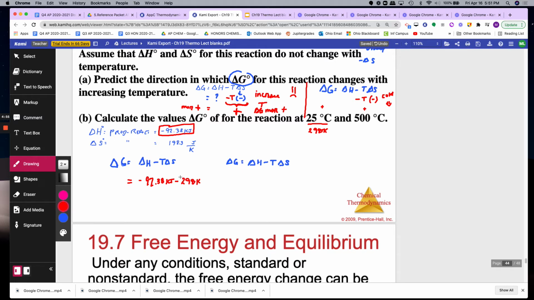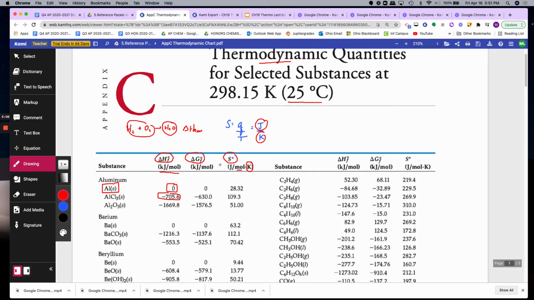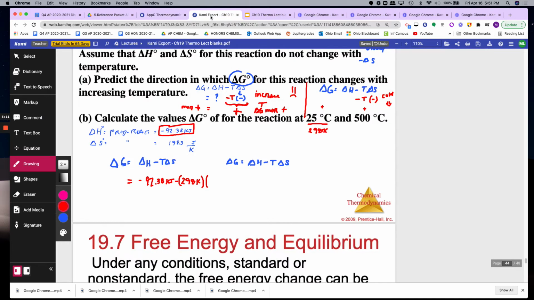And delta S is given here. So when you do the math for the delta S, it is in J over mole K. So I got J over mole K, mole reaction K, right? Because I multiplied it by moles. So what I'm going to do is change this to kJ so I can put them in the same formula.